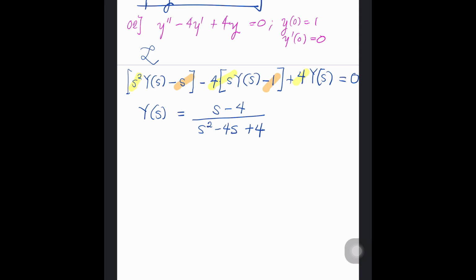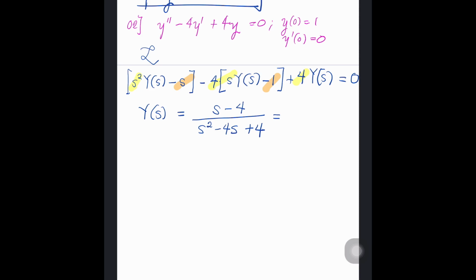So in this manner, this is a fraction of s term. You know for a fact that the denominator is repeated, a repeated factor of s minus 2, this is s minus 2 quantity squared. Therefore we can expound this in terms of partial fractions, as it is called in mathematics.